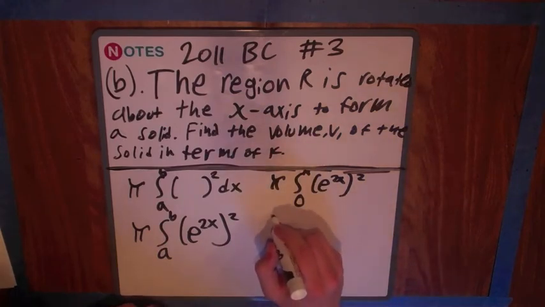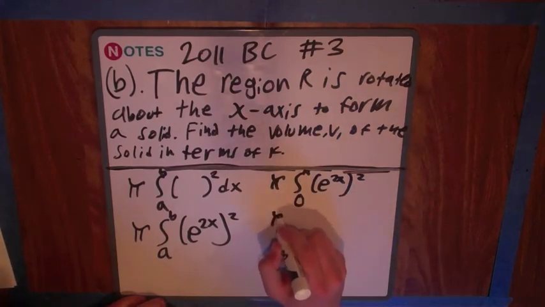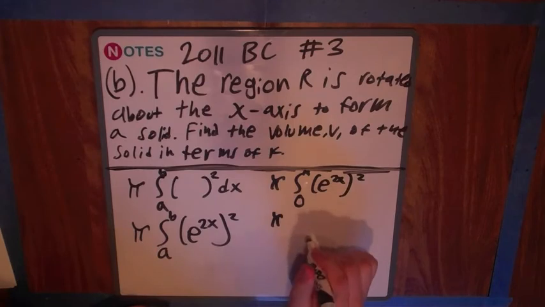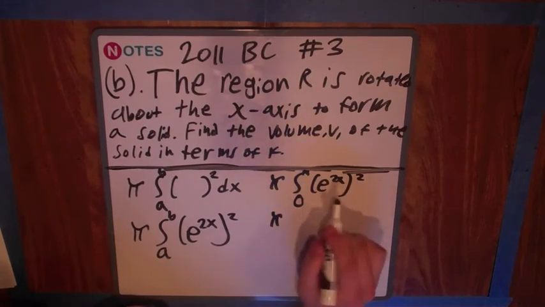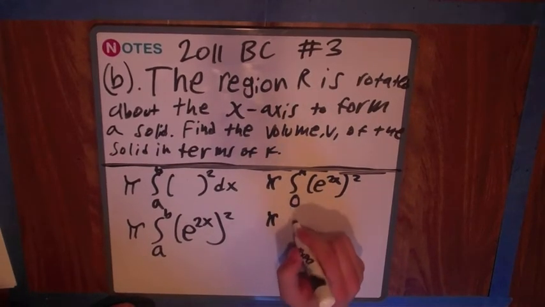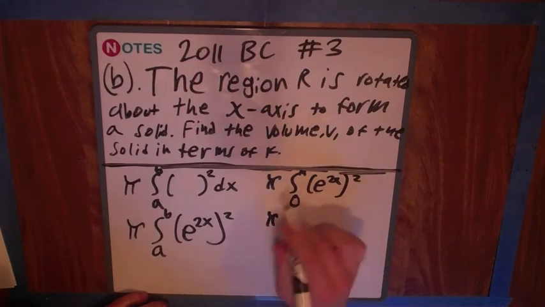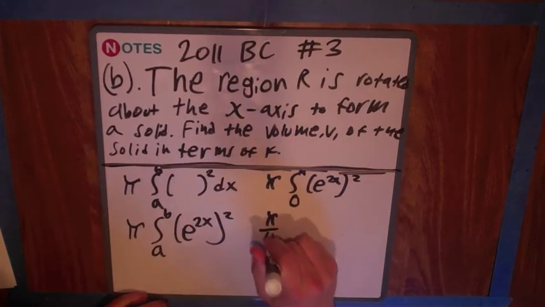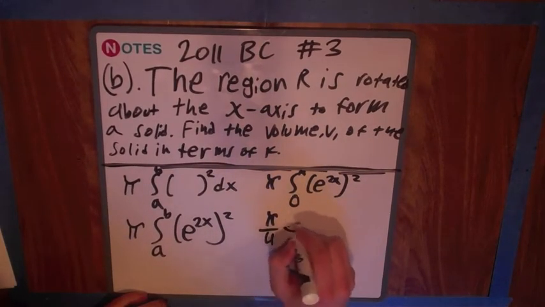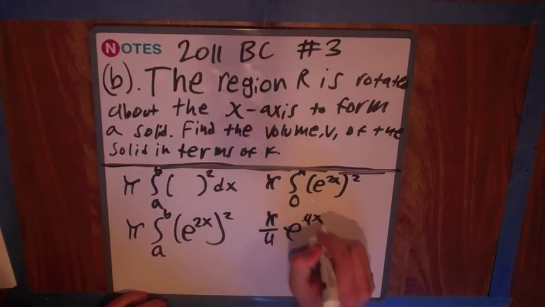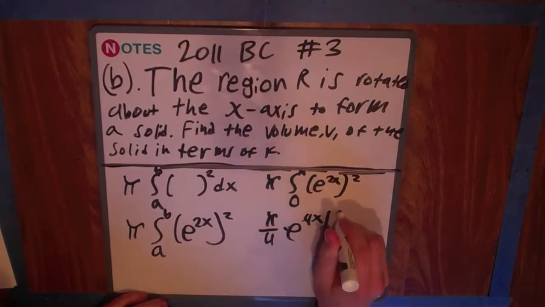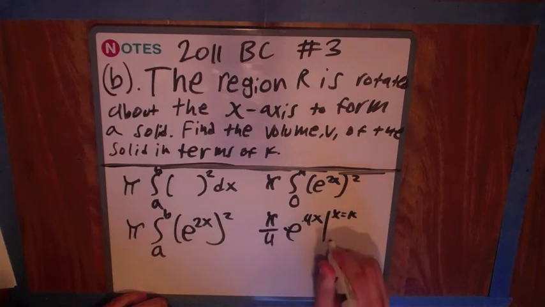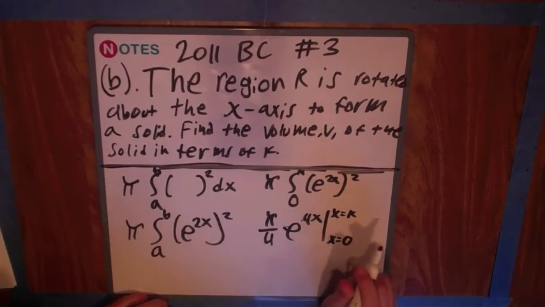So we're going to be left with pi integrating this value, which will leave us with pi over 4 e to the 4x, from x equal to 0 to x equal to k.